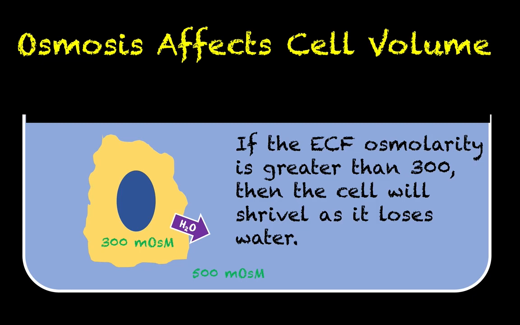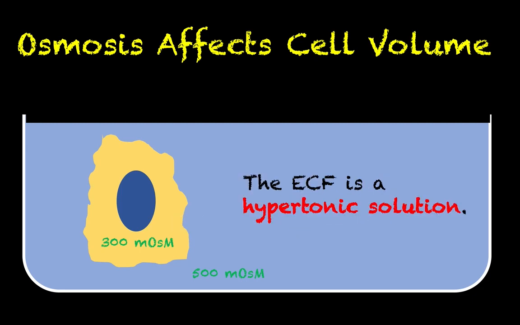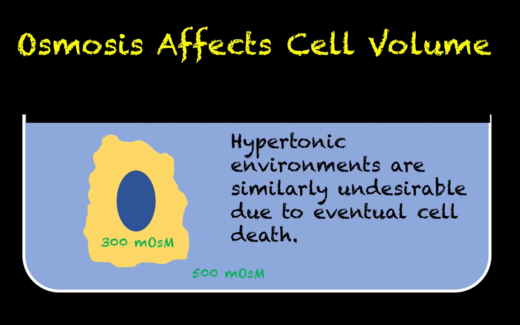So water will be leaving the intracellular fluid to escape into the extracellular fluid. In this case, the extracellular fluid with the higher osmolarity is a hypertonic solution. So hypertonic environments are also very much undesirable because they cause cells to shrivel up or undergo crenation, and this will lead to cell death as well.